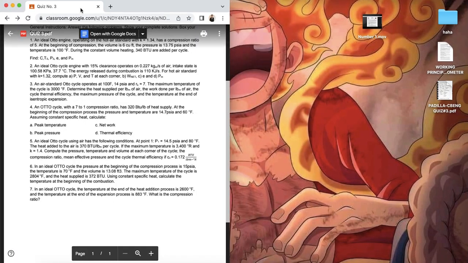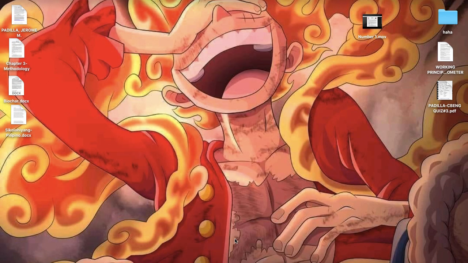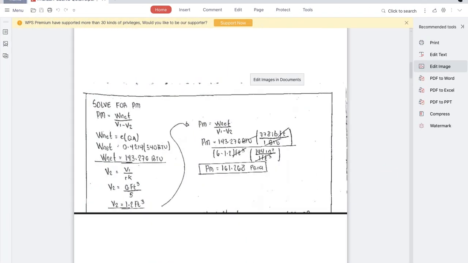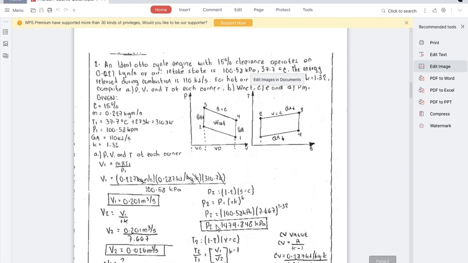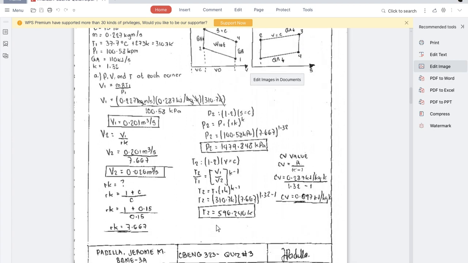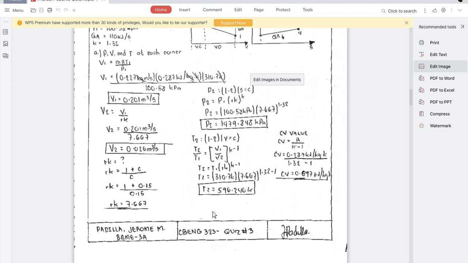So, now we go to the solution. For the solution, we first solve for P1, V1, and T at each corner. For V1, the formula is mRT1 over P1.